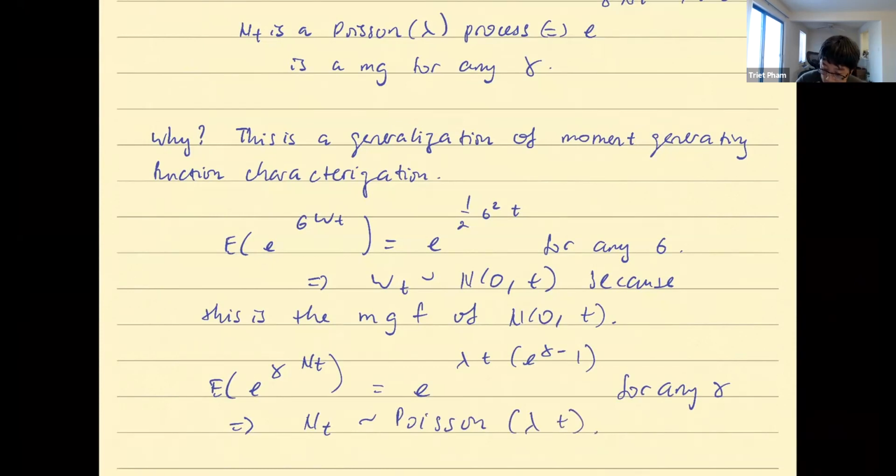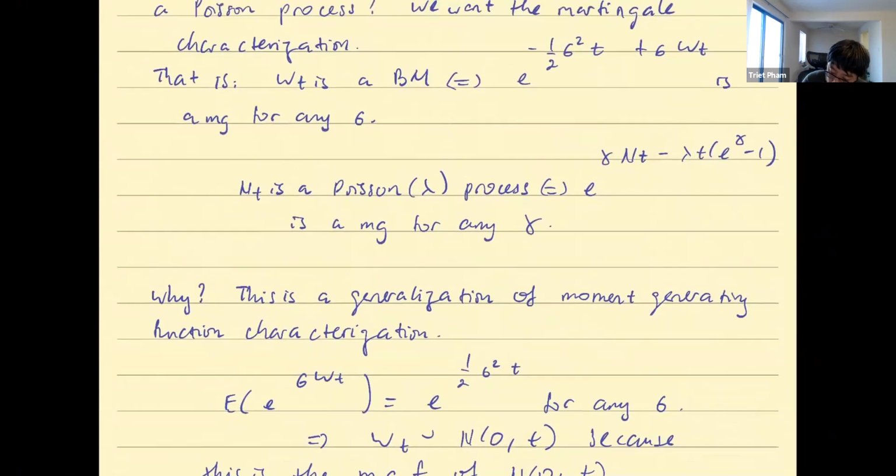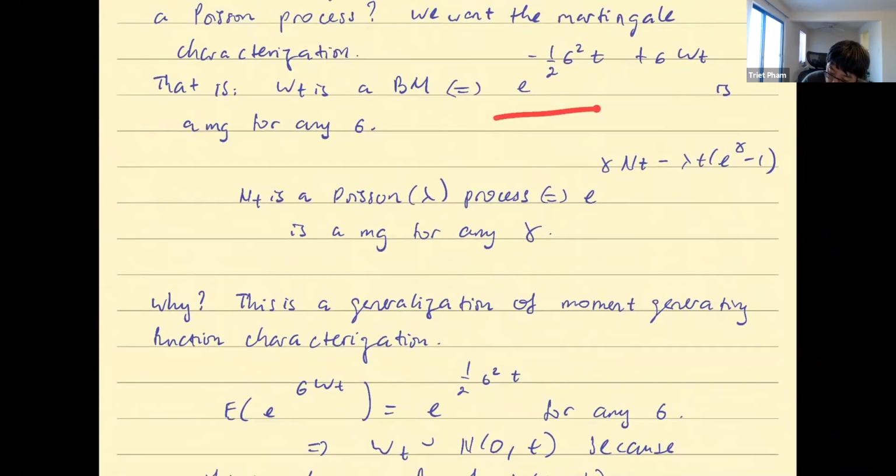And again, you were asked to show that the moment generating function of Poisson is like this. So you see that by requiring this is a martingale, you're just doing a little bit more than that.